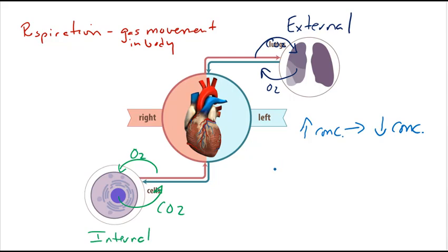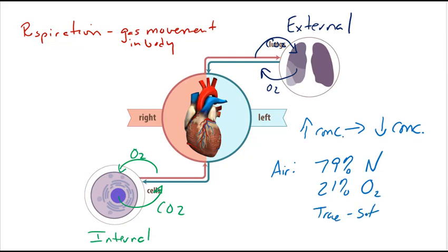Now, the air we breathe contains about 79% nitrogen, about 21% oxygen, and then trace amounts of other substances like carbon dioxide, funky smells, and other contaminants. Now, for our purposes, the nitrogen is inert.